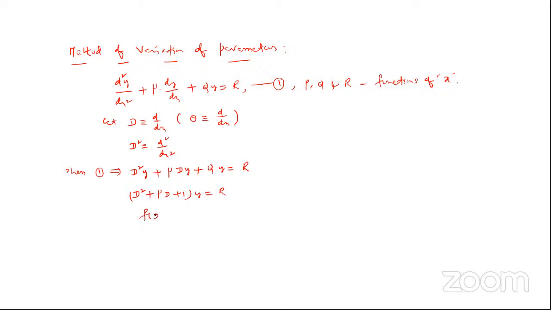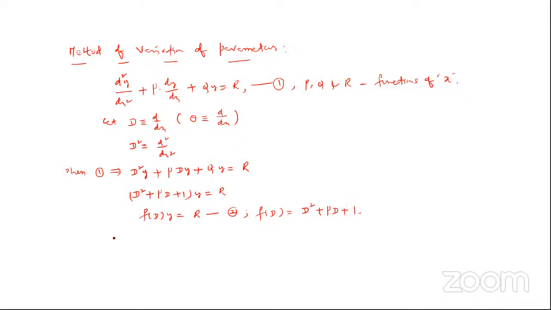Or, for our convenience, it is of the form f of D into y equal to r. Please don't get confused, students. Already we used the same notation for an nth order linear differential equation with constant coefficients of the form f of D into y equal to Q. But here you remember, please, what do you mean by f of D here? F of D consists of only second order terms, that is D square plus pD plus q.